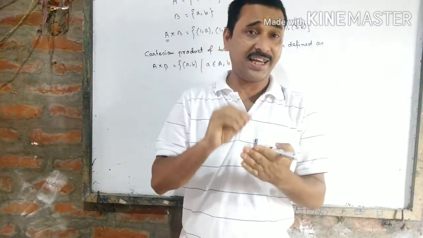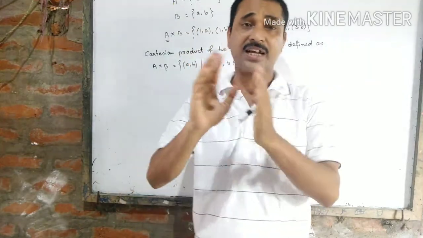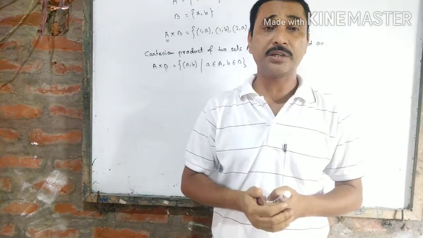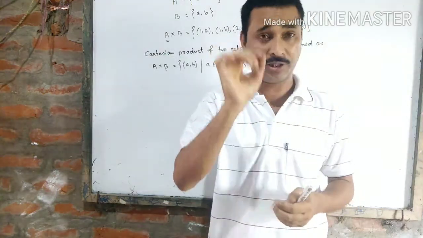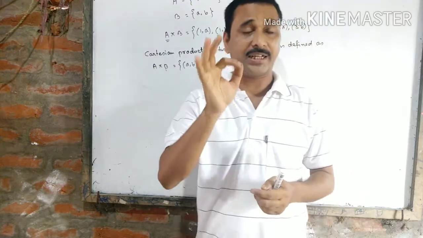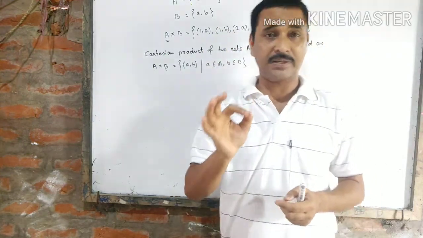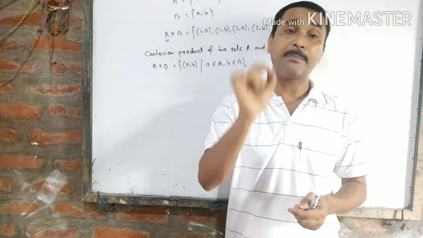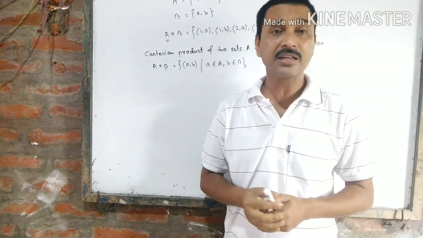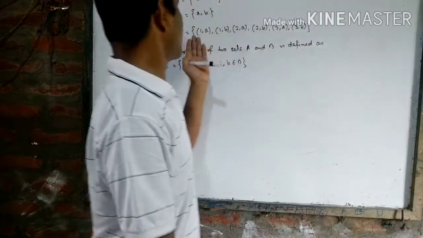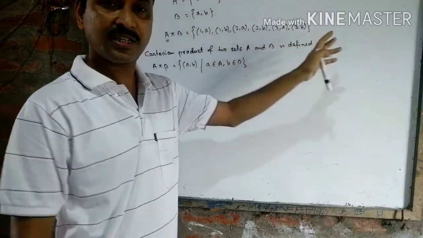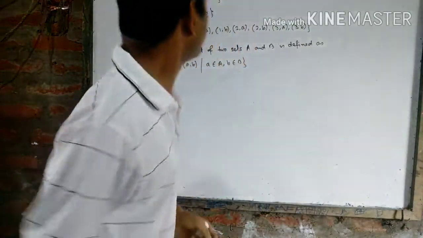So if a set A has m elements and the set B has n elements, then their Cartesian product A cross B will have mn elements. In this case, A has 3 elements, B has 2 elements, A cross B has 6 elements. Okay, you note it.